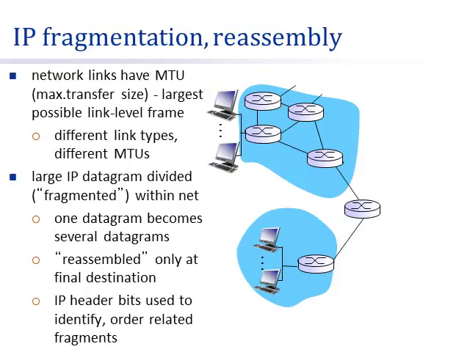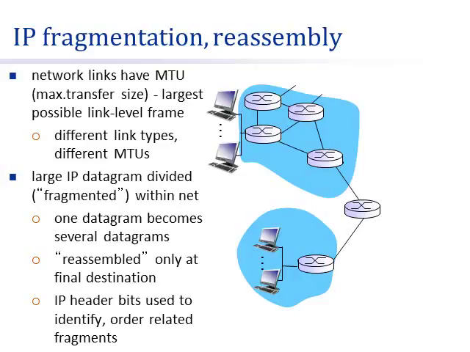Let us look into the IP fragmentation and reassembly concept. The maximum amount of data that a link layer frame can carry is called the maximum transmission unit. An IP datagram is encapsulated within a link layer frame for transport from one router to the next.